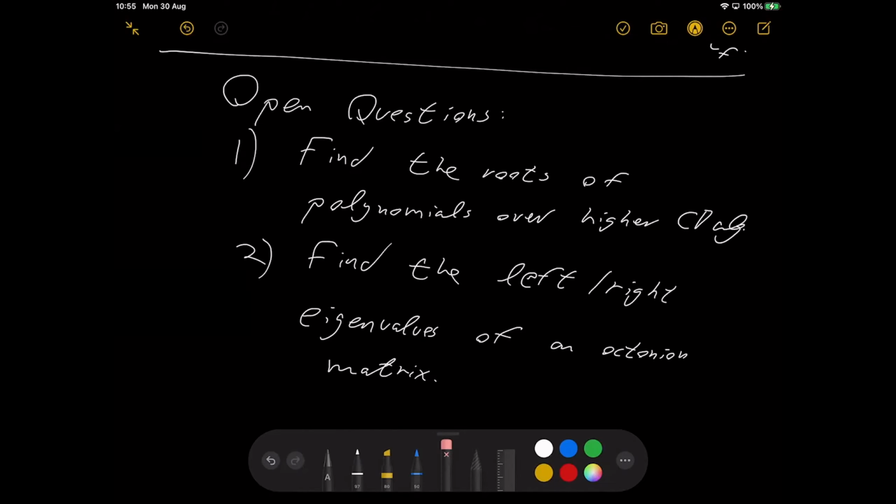It looks like the whole theory of stability is open for polynomials over Octonions. Yeah, and then you can probably translate many results using this.